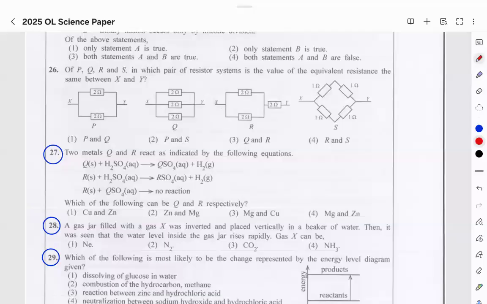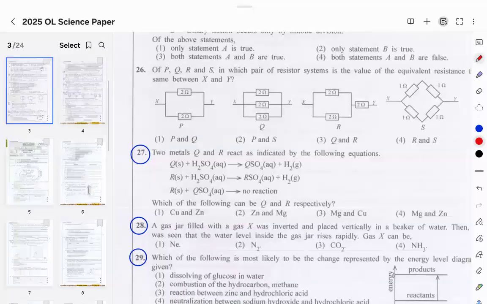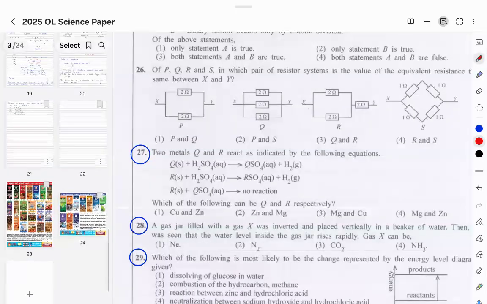Highly reactive metals means, in the reactivity series, the upper elements like potassium, magnesium, sodium, those at the top. So can you remember the reactivity series, the activity series? Shall we recall it? Children, can you remember the activity series?